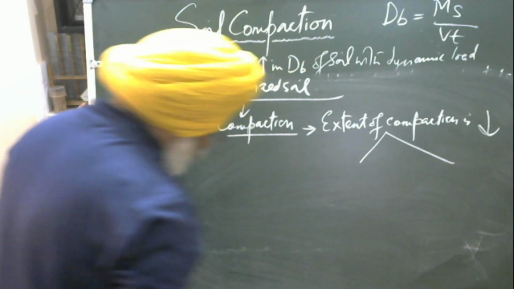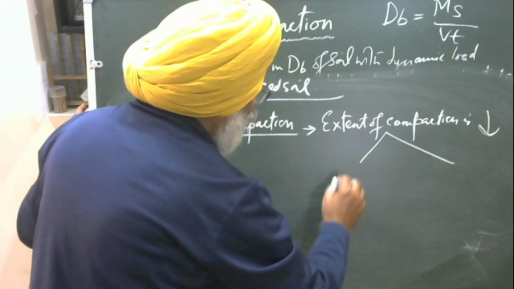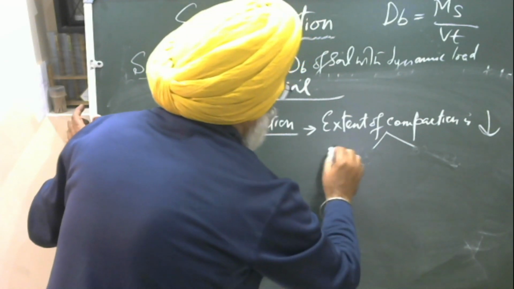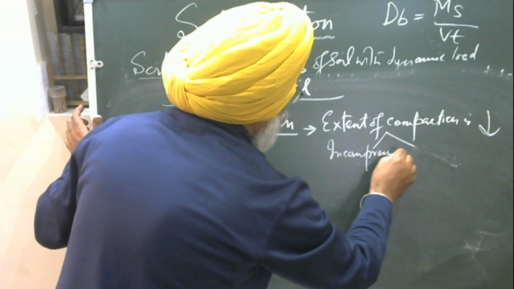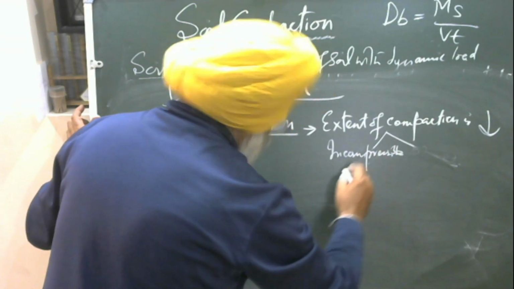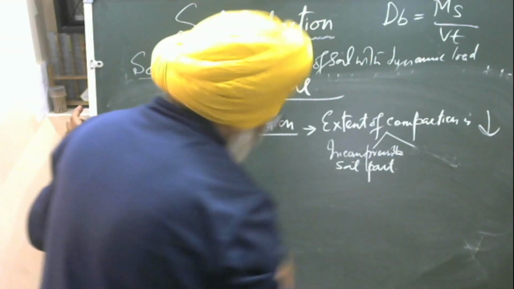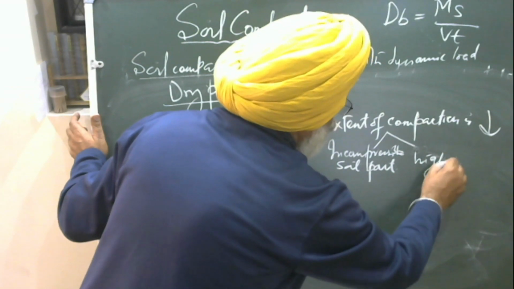One is the incompressible nature of soil particles, and second is the high internal friction.